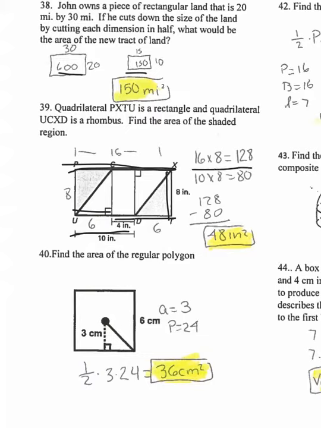So 16 times 8 is the area of the whole rectangle. Then for the rhombus inside, you can treat the rhombus like a parallelogram, because it is. And so even though it's super leaning, it has a base of 10 and a height of 8. So 10 times 8 equals 80, and you subtract that.